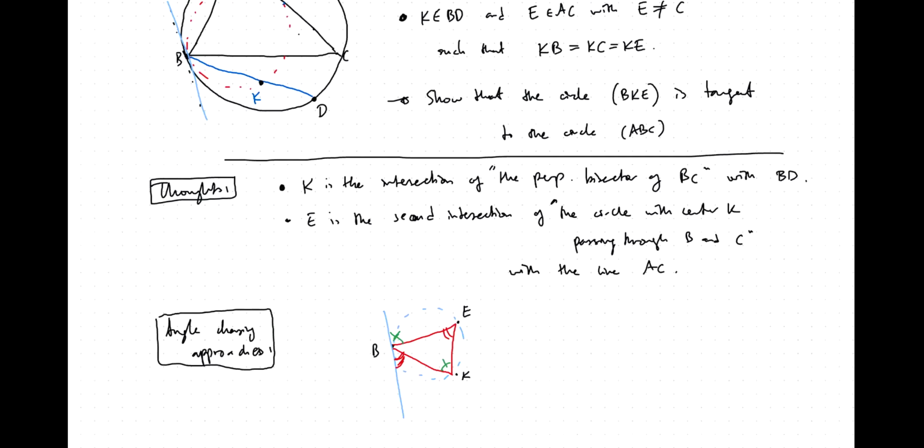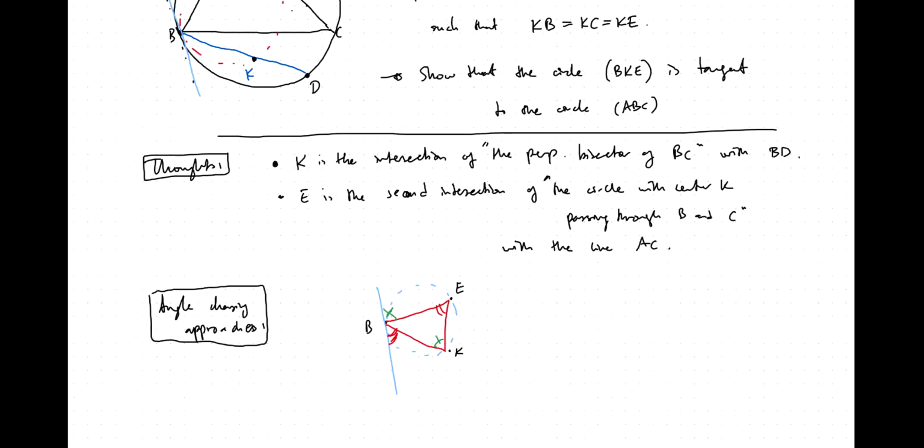This light blue line is not an obstacle. We can easily write angles with it because we already know it is tangent to the circumcircle. But to understand the angle, you need to understand two lines. So the question is, which line is better, BK or BE? Which one can we understand better?